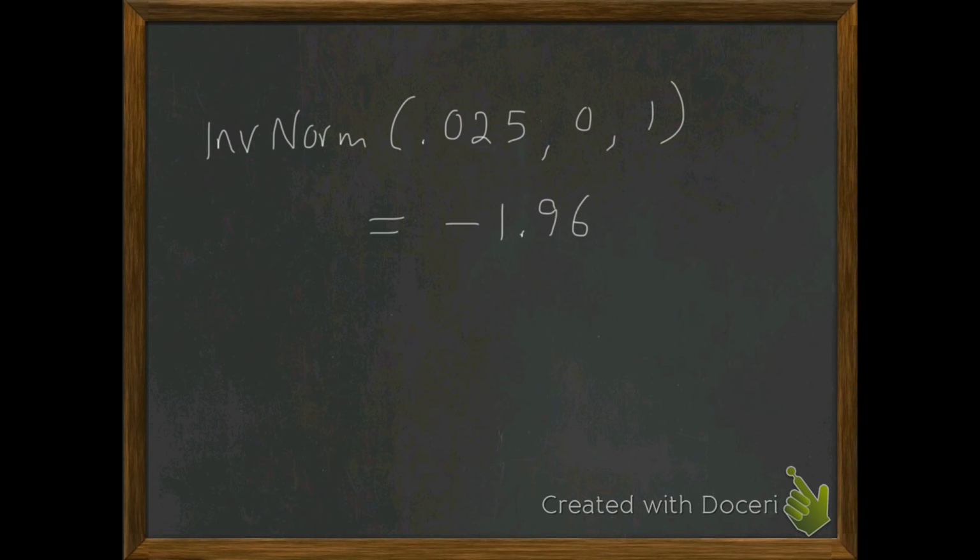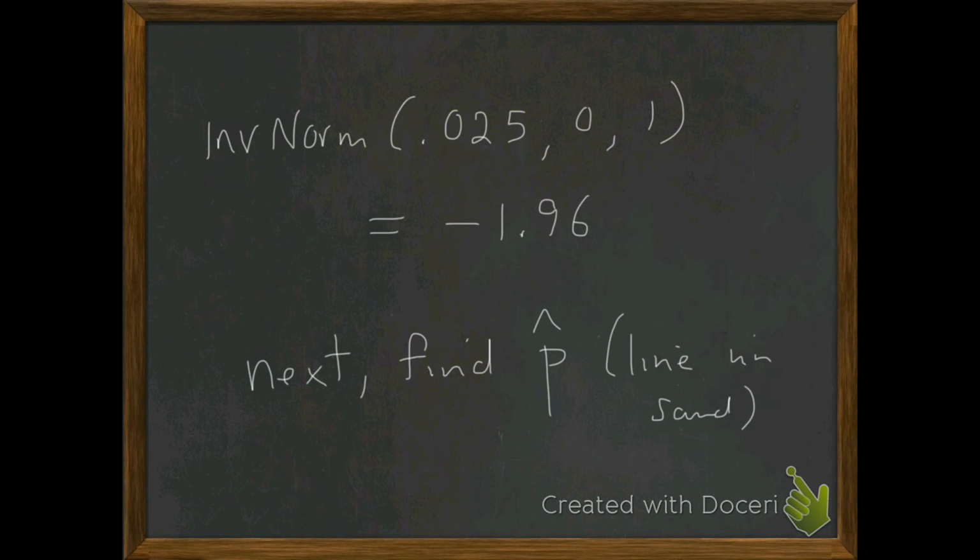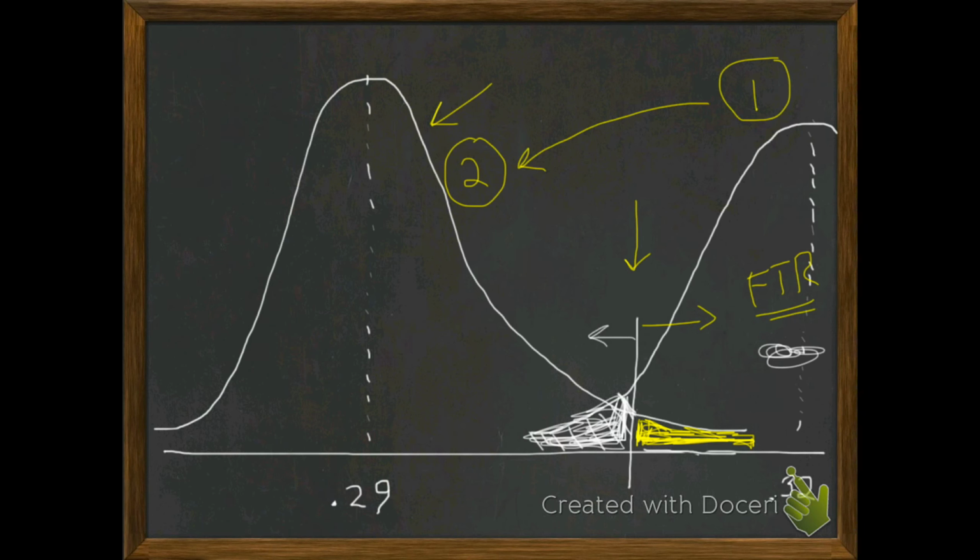Now the next thing we need to do is find p hat. But not the p hat that we got from our sample, but the p hat that represents the line in the sand. This negative 1.96 represents the line in the sand for this distribution.